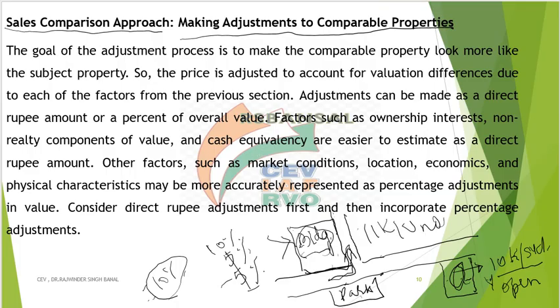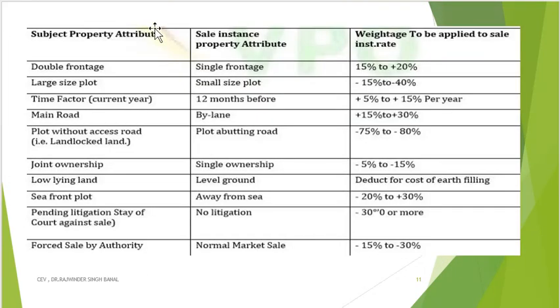In this way you can find out the per unit price of the plot you are valuing. So this is making adjustments for comparable properties. How you can make the adjustments, we will discuss in detail during our case studies. This is the basic way in which you can carry out the sales comparison approach.